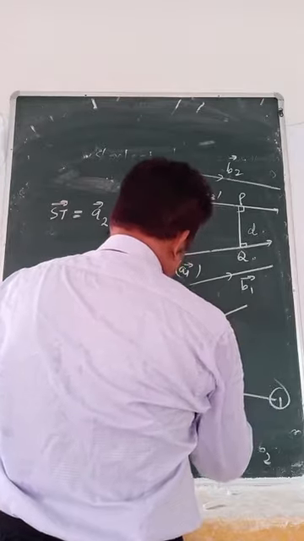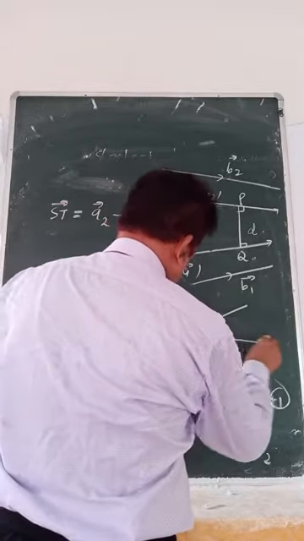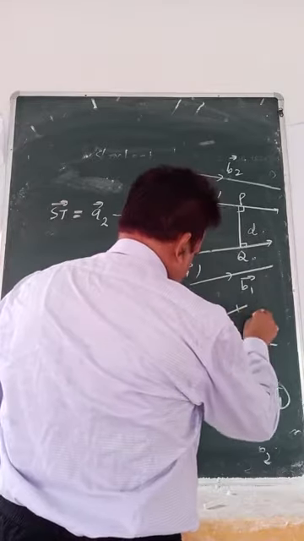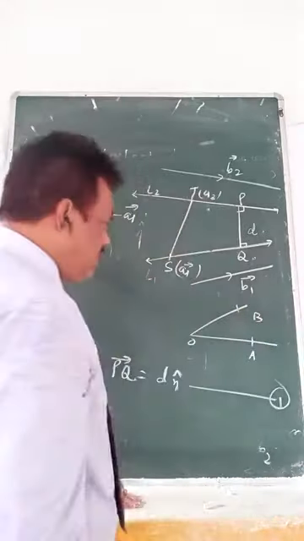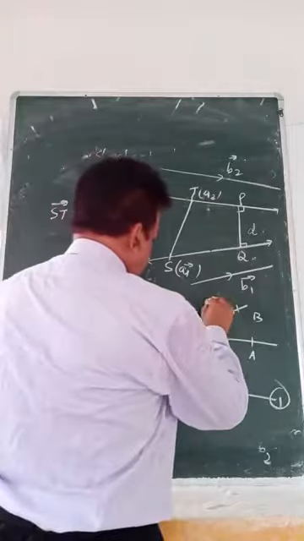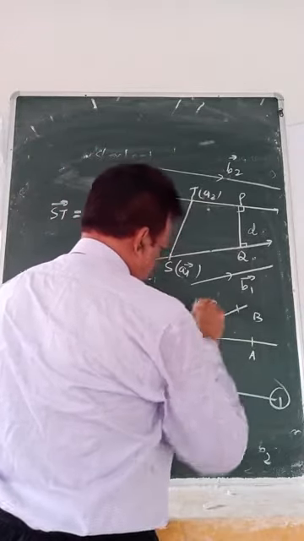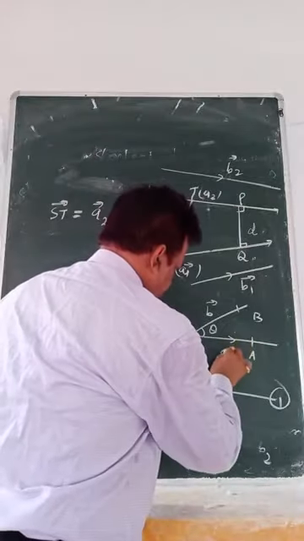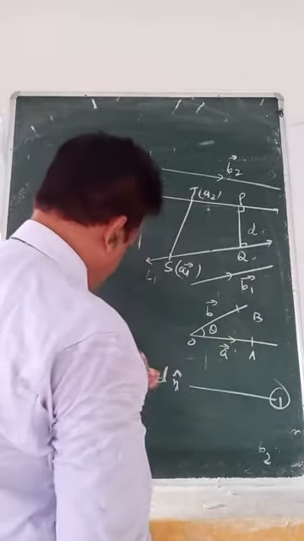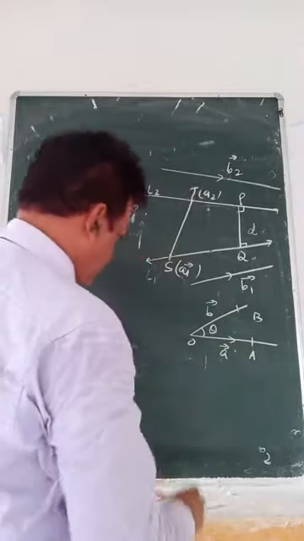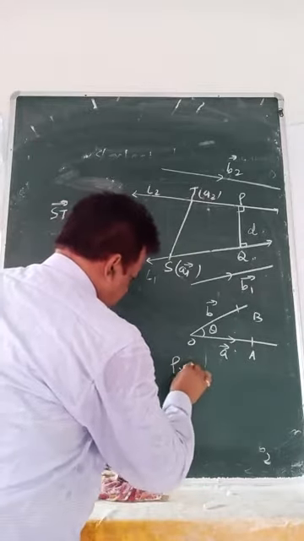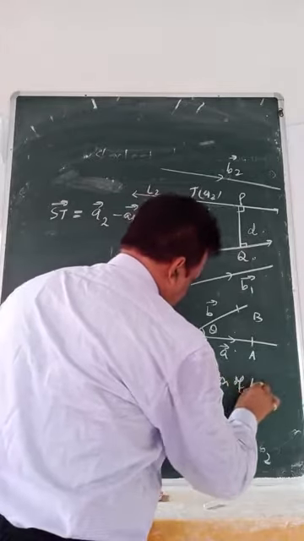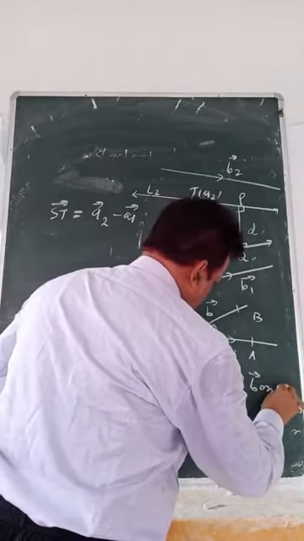Look, I had told you, if this was O, this is A, a little bit conceptual, try to understand. This is suppose B vector, this is theta. What is the projection of B on A vector? Projection of B on OA.